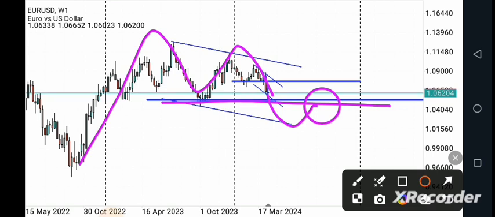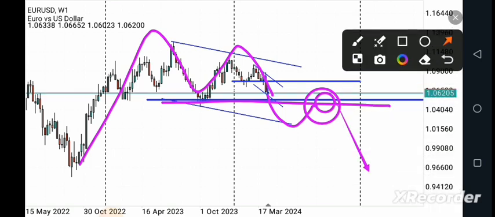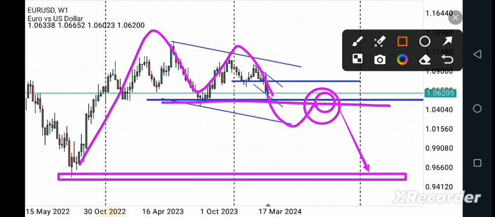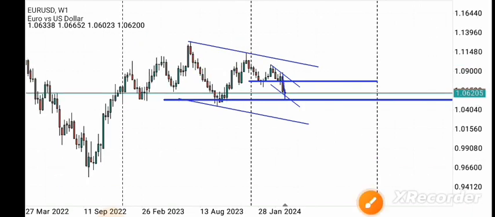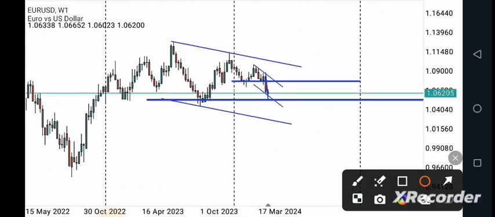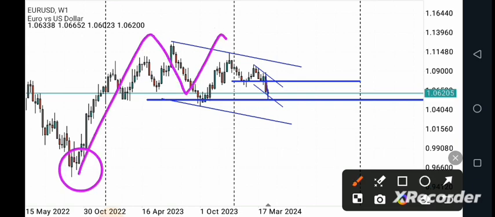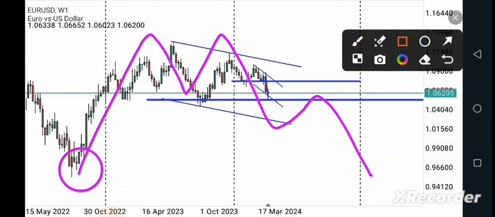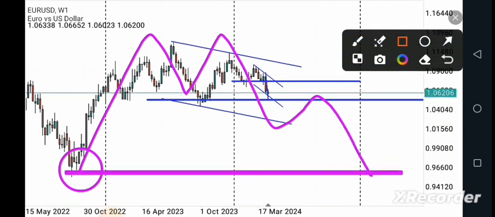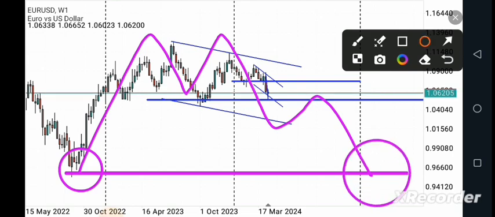And again, here is where I would look for further sell opportunities, and if I do find any there, my take profit should be around here somewhere to complete that huge double top which started here, right? And then we saw the market head up and give us this double top, and then we want to see it end or close pretty much in line with where it had started. I hope you guys can see that.